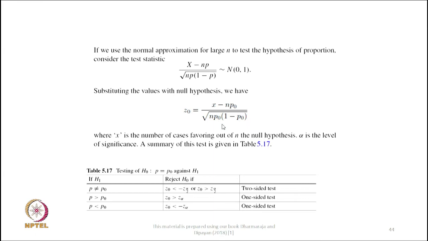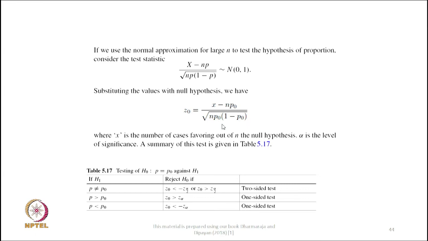Once you get the value of z naught, then you compute the critical region based on whether it is a two-sided test or one-sided test. You identify the z alpha by 2 or z alpha or minus z alpha based on one-sided test or two-sided test. Then you conclude: reject the null hypothesis if the z naught value lies within the critical region.